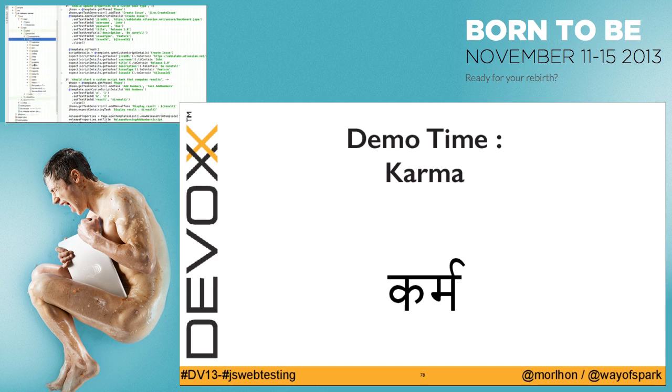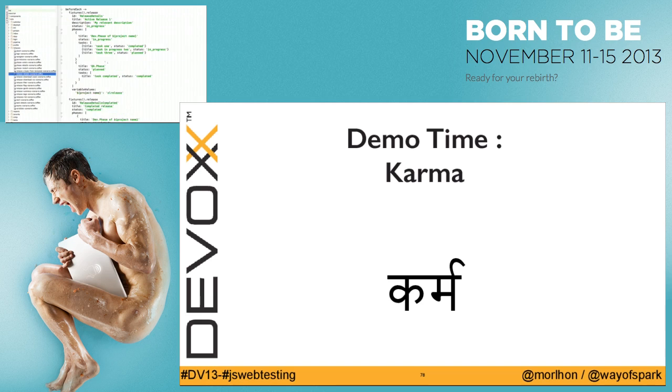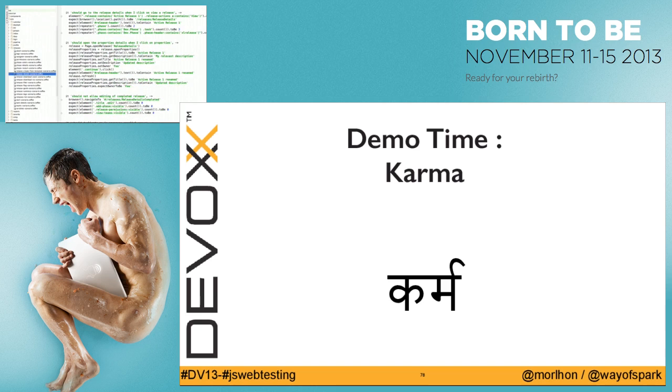So, for instance, if you take a look at the end-to-end testing, we had quite a bunch of them, and each of them is written in CoffeeScript. There's some kind of stub at the start. Then you can see things like "should go to the release detail when I click on a view release." The product shows you things you can do when you do continuous delivery.